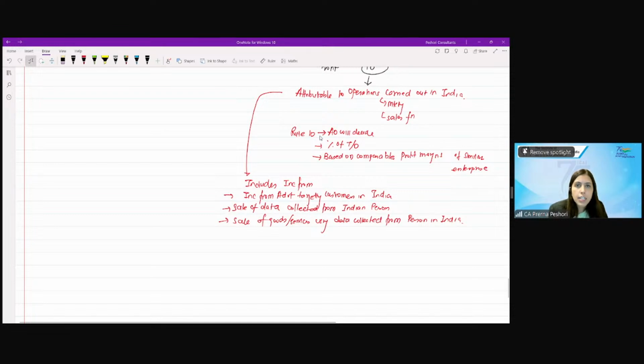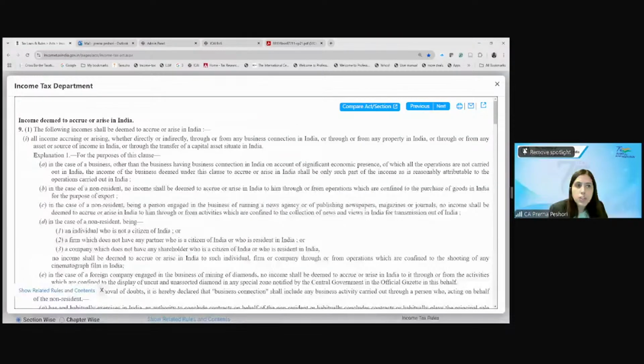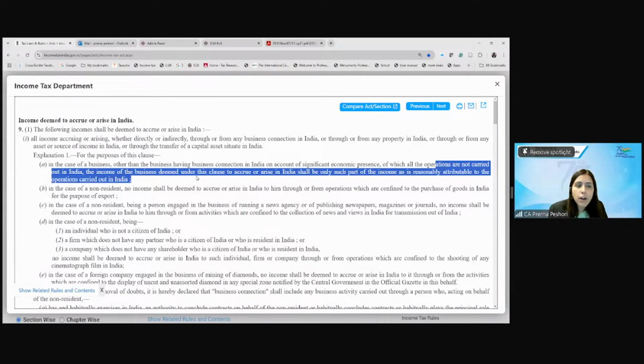Okay, perfect. Now, let us go back to Explanation 1. Explanation 1 is basically an exclusion. What does it say? For the purpose of this clause, in the case of a business, other than the business having business connection in India on account of the SCP, of which all the operations are not carried out in India, the income of the business deemed under this clause to accrue or arise in India shall only be such part of the income as is reasonably attributable to the operations carried out in India.